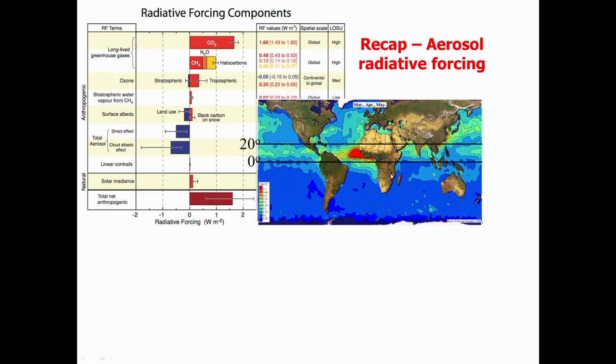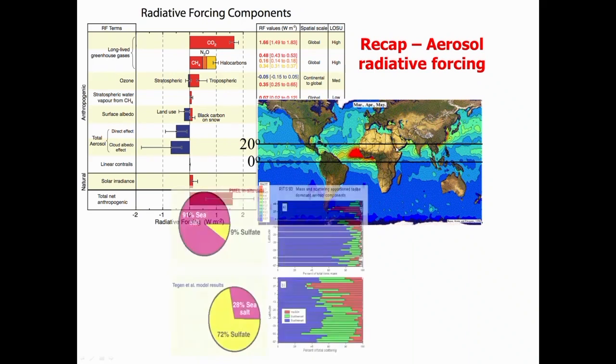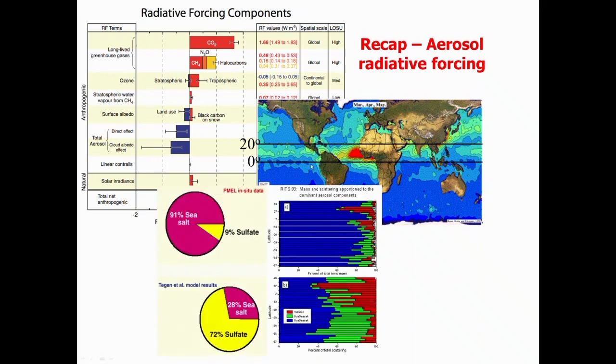And aerosol optical depth, you can see here, hotspots according to the source regions, and we've just seen that from the video before. And we need to take care when we're attributing the various scattering and forcing components because of discrepancies between model and measured results, where if you make the wrong assumption about what size particles are made of what components, you can come up with the wrong calculations of forcing.